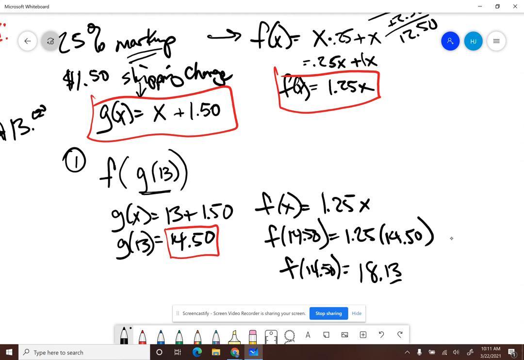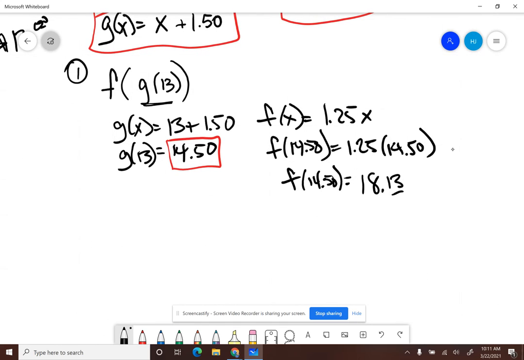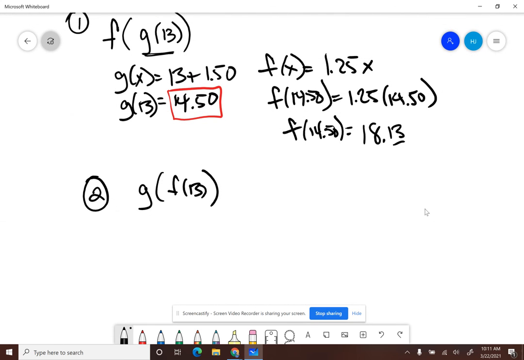Now let's do that same thing again, but this time let's apply the markup first. So in other words, I'm going to do g of f of 13. And again, you may be thinking to yourself, Mr. Hamilton, this is not going to make any difference whatsoever. Well, let's just make sure. So if I do the f of x function first, f of x equals 1.25x.